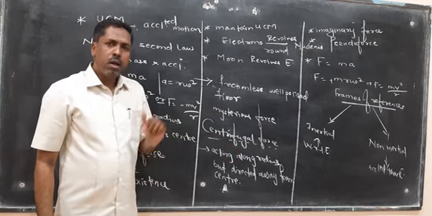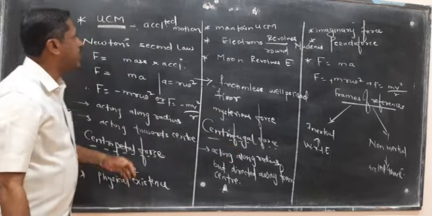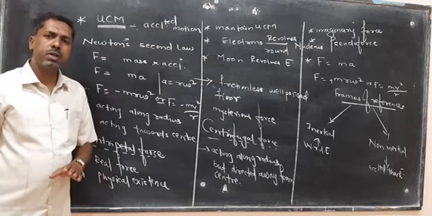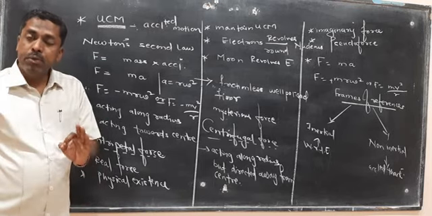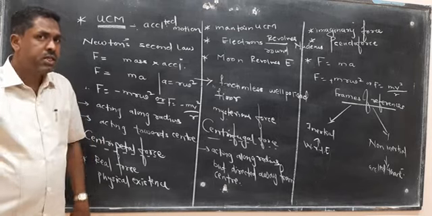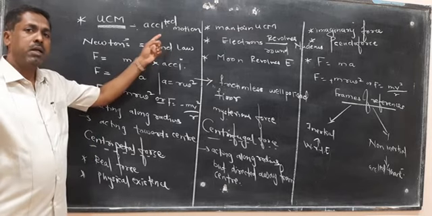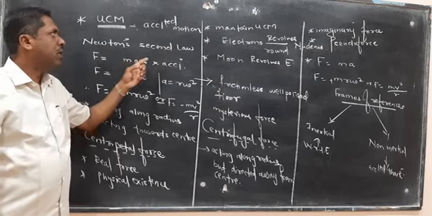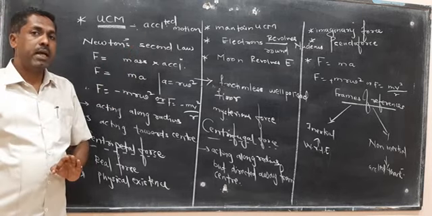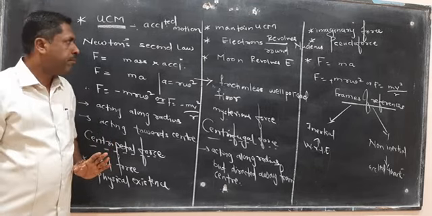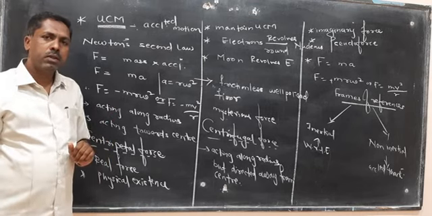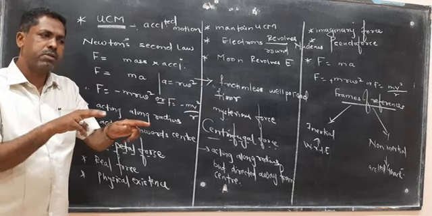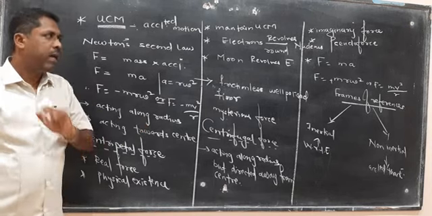Now, what are the applications of uniform circular motion? We have discussed that in uniform circular motion the magnitude of velocity does not change, but the direction of the particle changes. That's why it has accelerated motion, and according to Newton's second law, there is a force due to which the object accelerates.